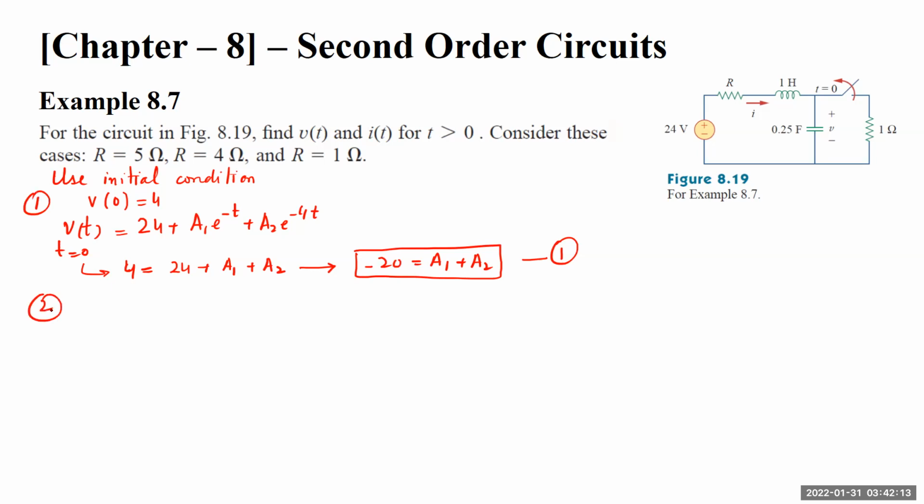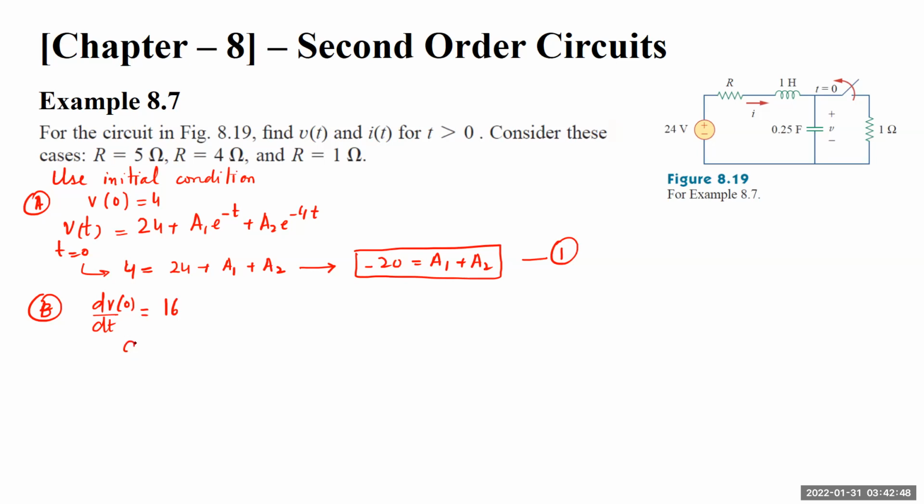I call it A, call it B. Using the second initial condition, this one was 16 volts per second. So just simply differentiate the voltage function and see what we get.